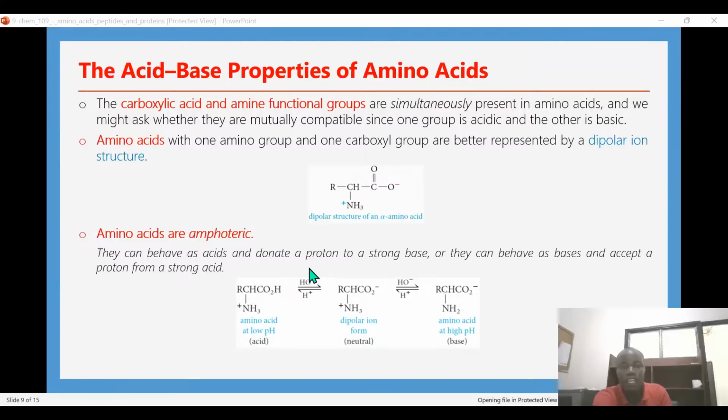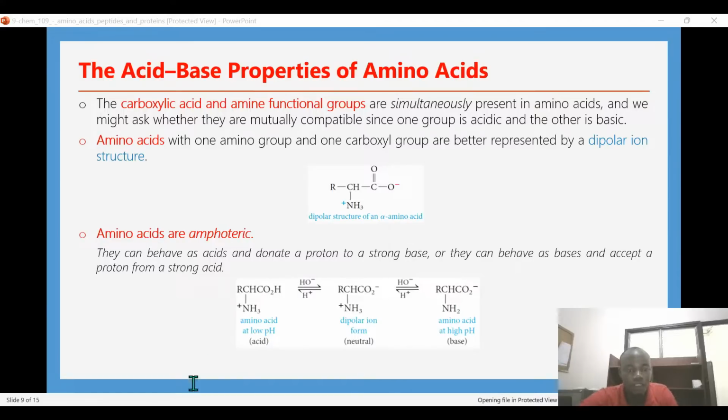So generally, amino acids are amphoteric. When we say amino acids are amphoteric, what does that mean? It means that they can behave as an acid because they donate protons to a strong base, and they can also behave as a base because they accept a proton from a strong acid. So you should understand that an amino acid is amphoteric because it has both acidic properties and basic properties.